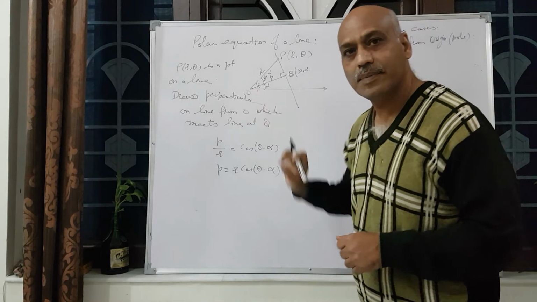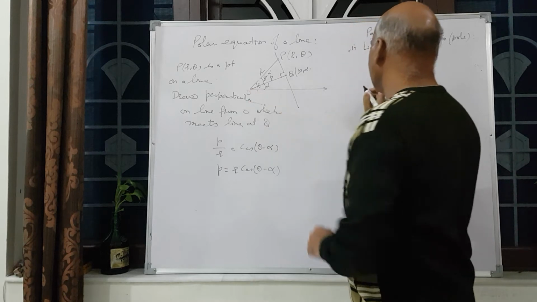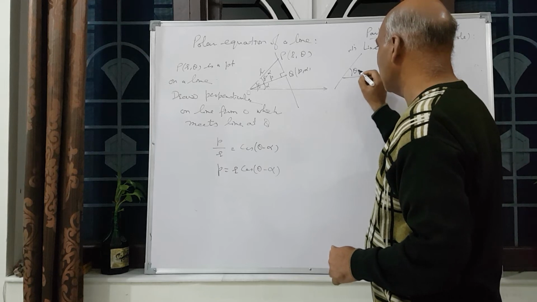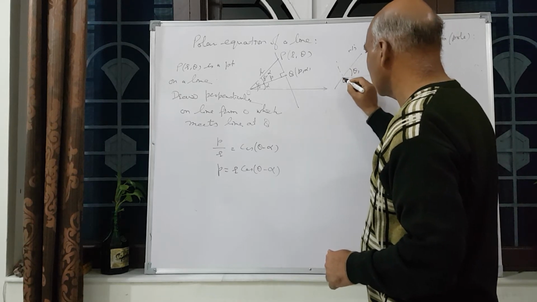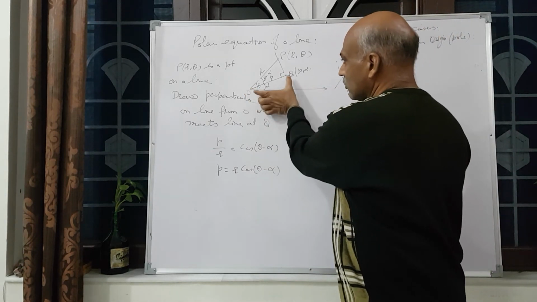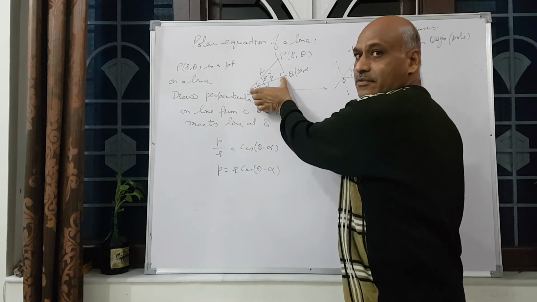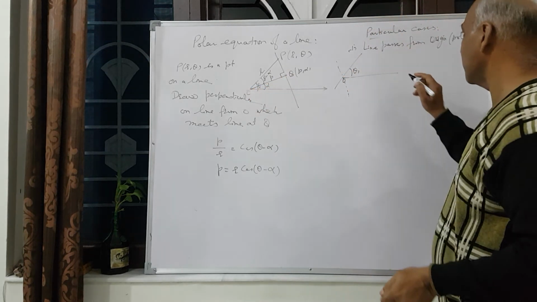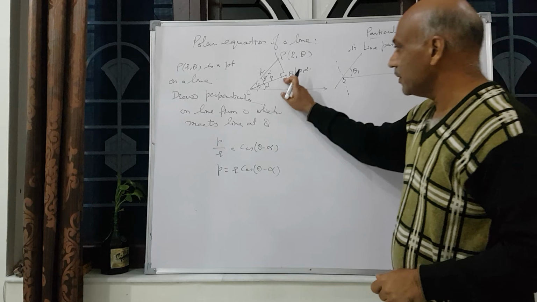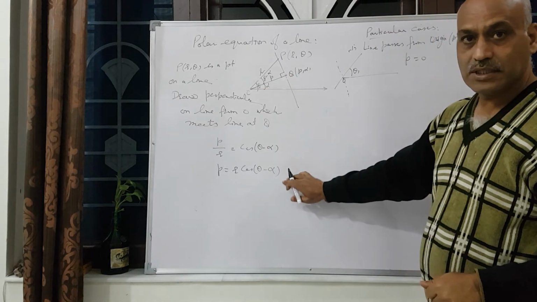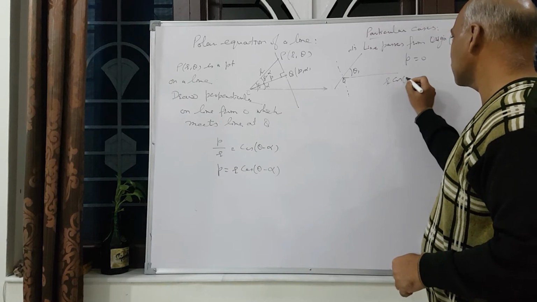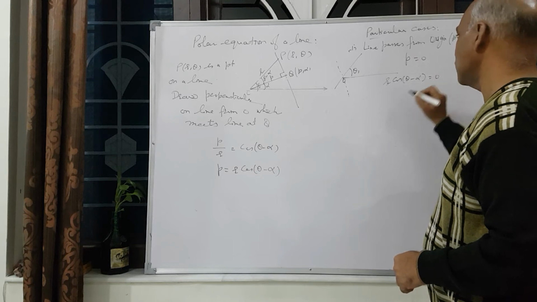If this line passes through the origin, the line shifts here, so the distance between O and Q becomes 0. If it passes through the origin, then this p becomes 0. So the equation of the straight line becomes p equal to 0, means r cos theta minus alpha equal to 0.